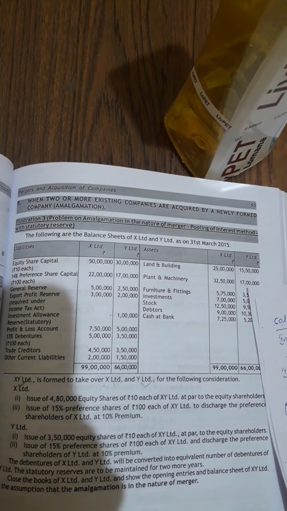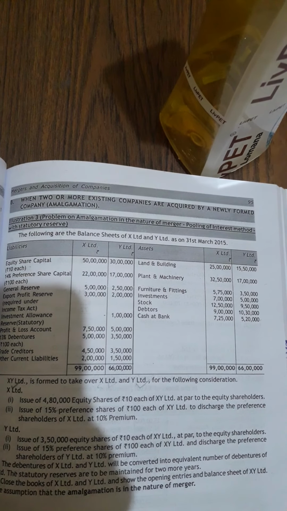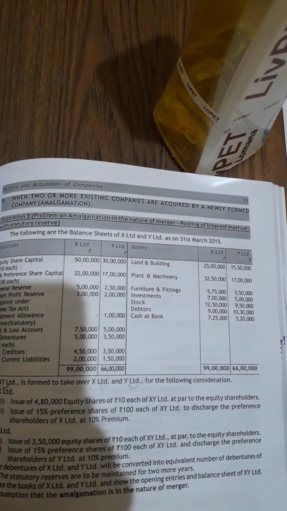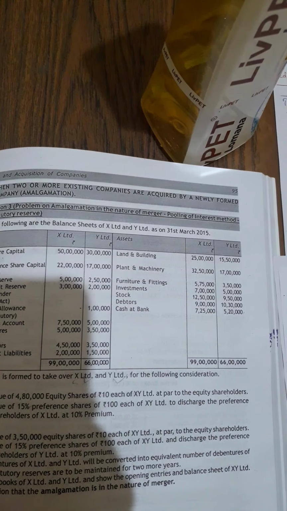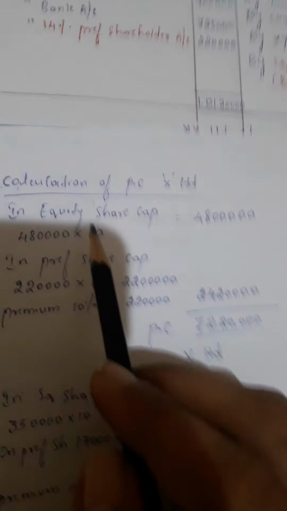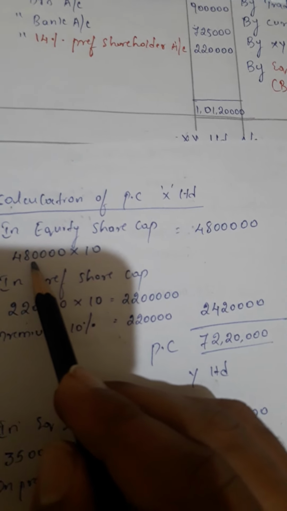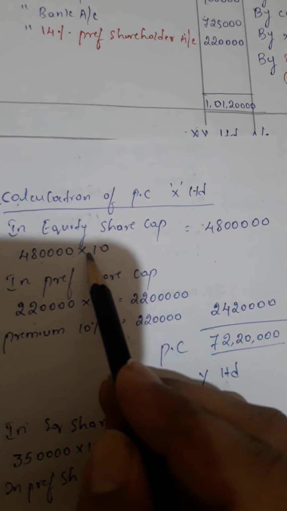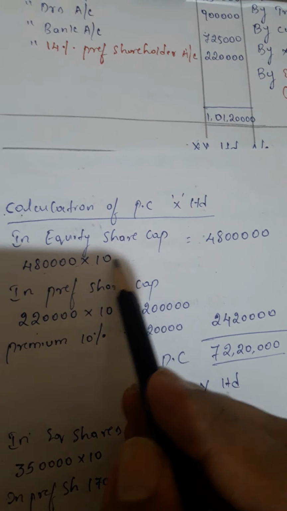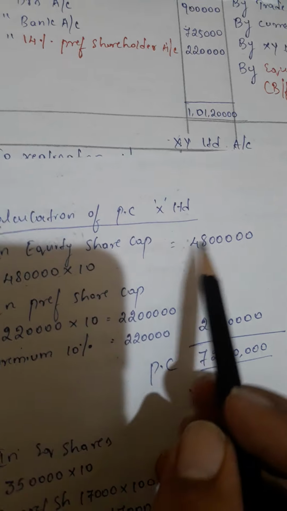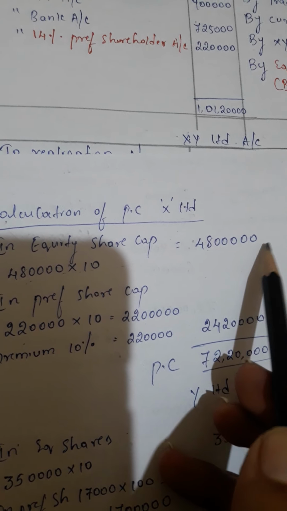So we will finish first adjustment, calculation of PC under X Limited. In the adjustment they have given 4,80,000 equity shares of rupees 10 each. 4,80,000 into 10, 48 lakh.